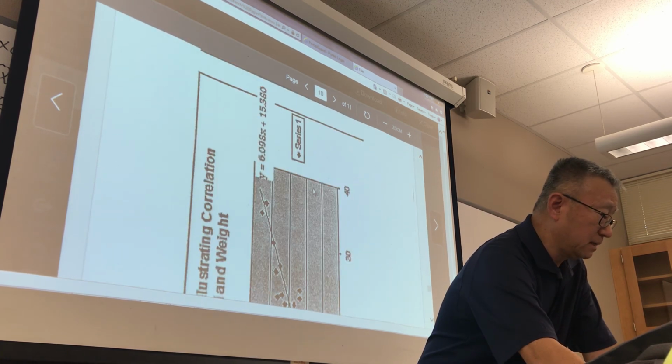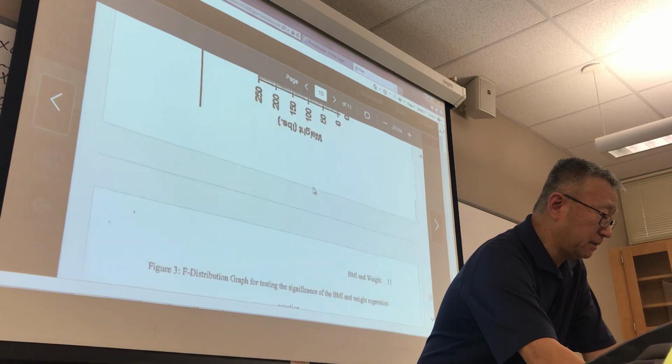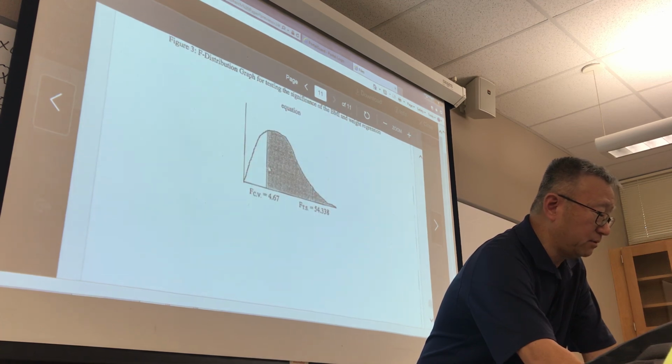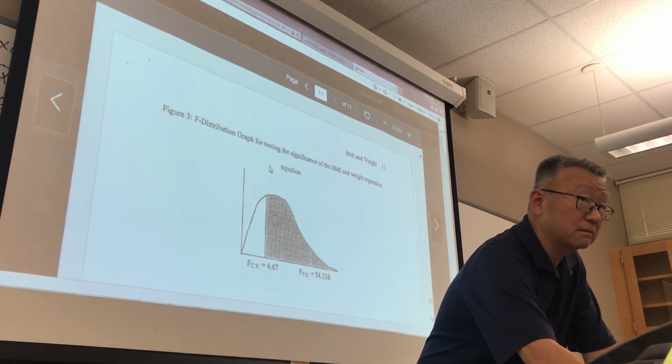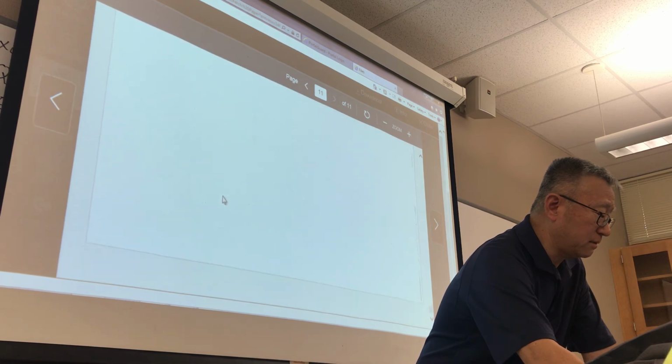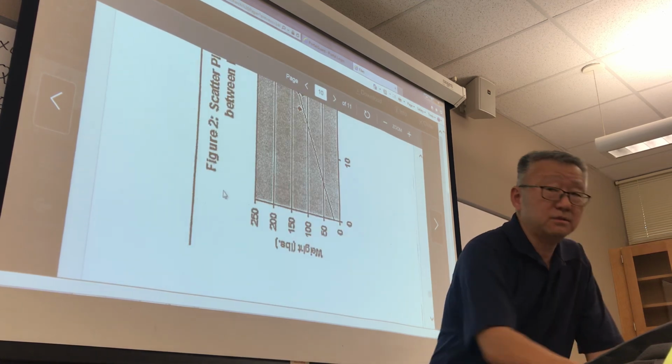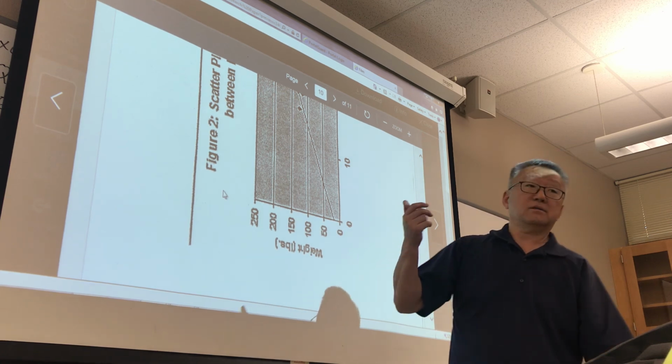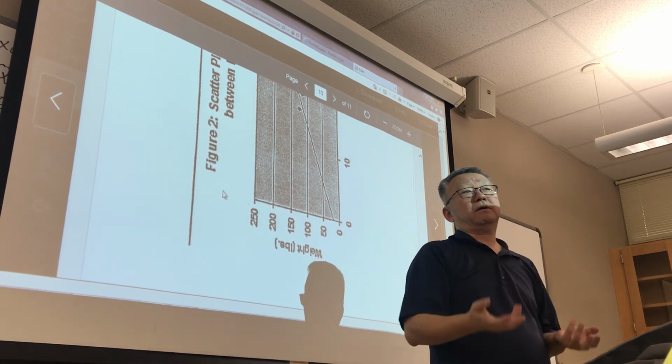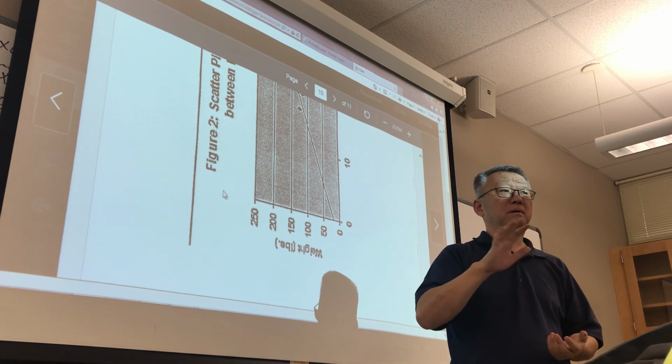I'm okay with that. And she did the scatter plot there, but I wanted to see Statistica or Minitab used to draw it. This is a hand drawing, so it's not that good, but it's right. She satisfied all the requirements, but that's about it.